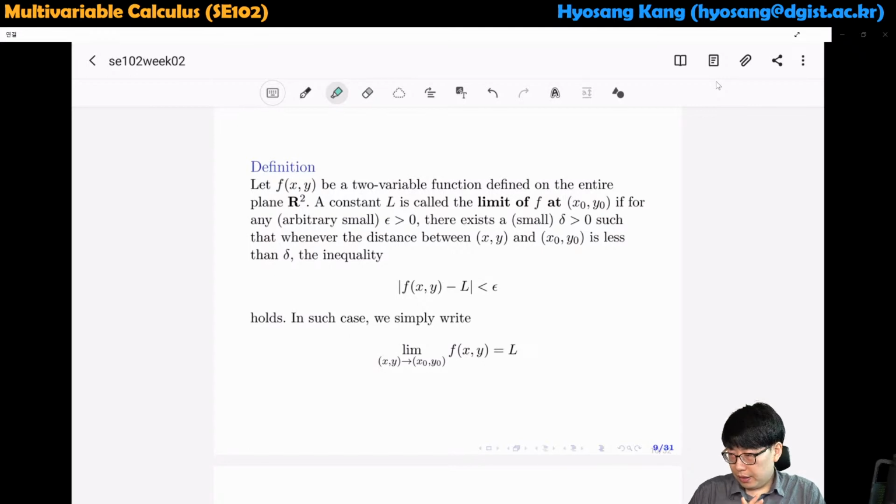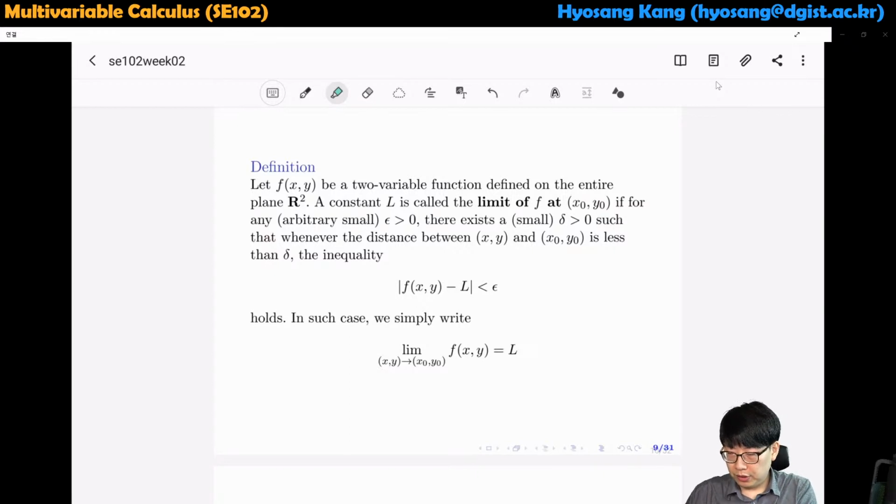So far we talked about graphs of functions, vector fields, and some n-dimensional space topics. All these are for explaining the characteristics of multivariable functions.